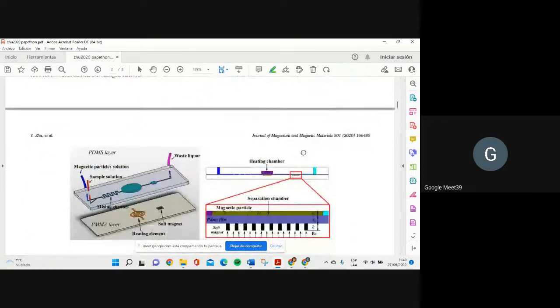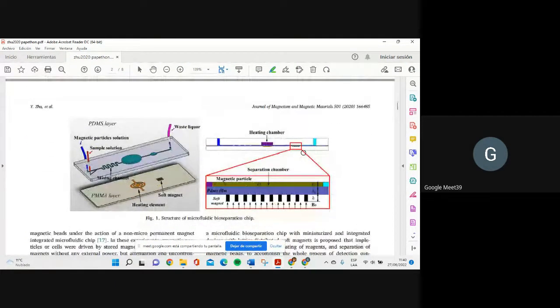Here, figure one shows the chip configuration. The chip has two layers. The upper one is made with PDMS, and the lower one with PMMA. The process of separation is done in the upper layer.